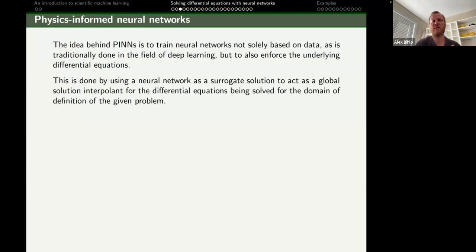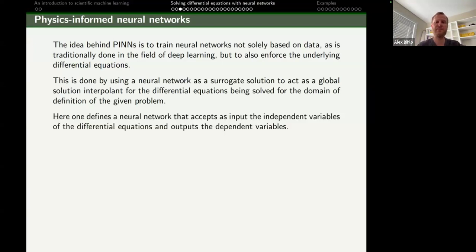This is different from, say, a time-stepping algorithm, where you compute one step at a time. In physics-informed neural networks, you try to get the solution over your entire domain of definition approximated by one global interpolant, and this global interpolant is a neural network. And you know that this technically should work because neural networks should be able to approximate arbitrary functions.